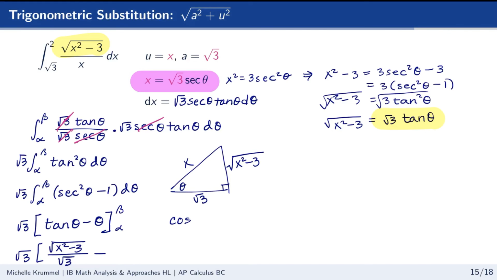We know the cosine of theta equals root 3 over x. So we can say that theta equals arc cosine, or cosine inverse, root 3 over x.